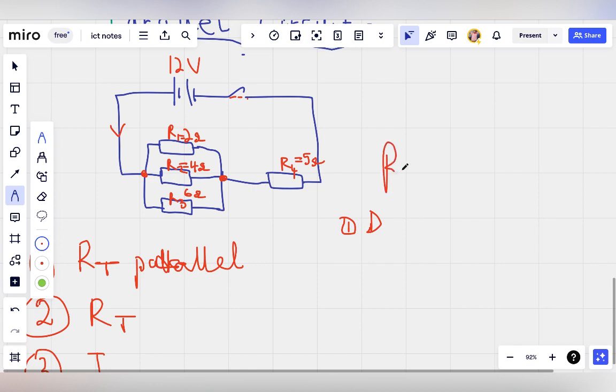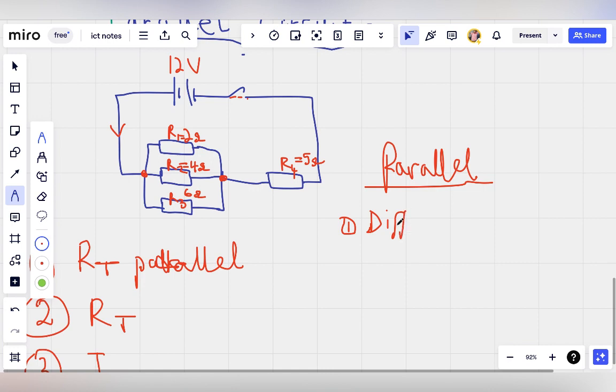Permit me to write it down. For parallel, different current in each branch.